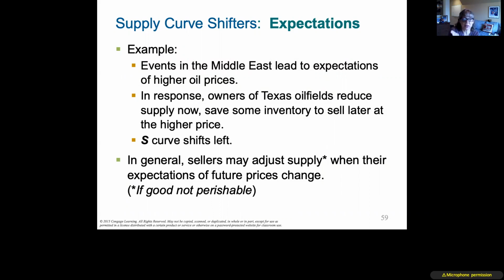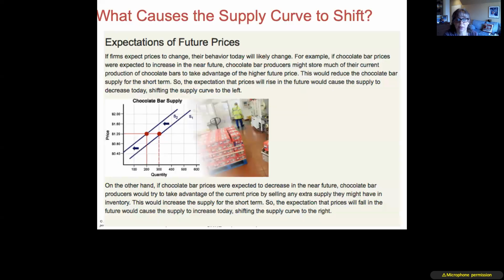Now, we do a lot of this in the Midwest with corn and wheat, where we will hold until the price gets a little bit higher. So we adjust our supply that's going to be available into the market for future prices. It's a gamble, right? So chocolate bars. If we think that chocolate bar prices are going to go up in the future, manufacturers may store some of their product versus bringing it into the market.